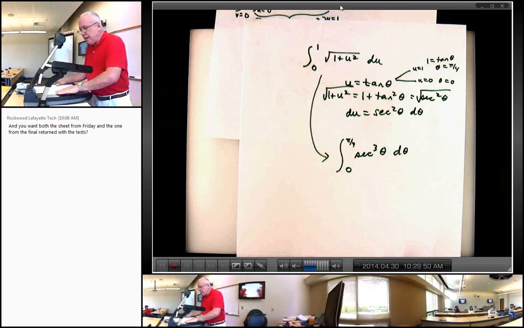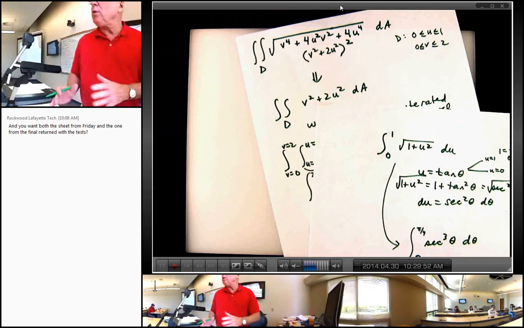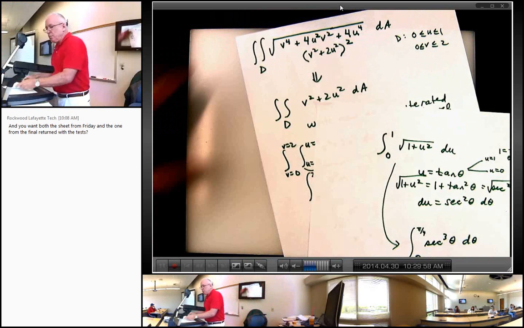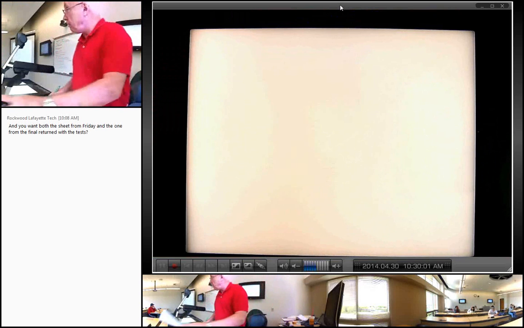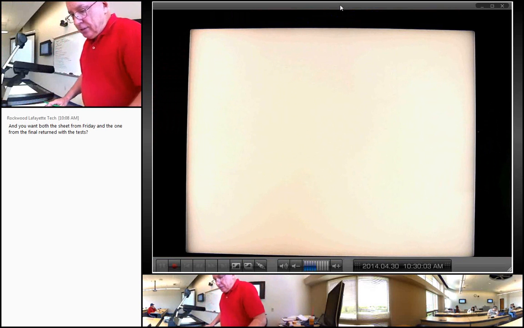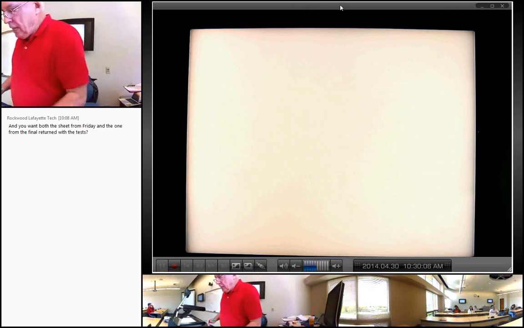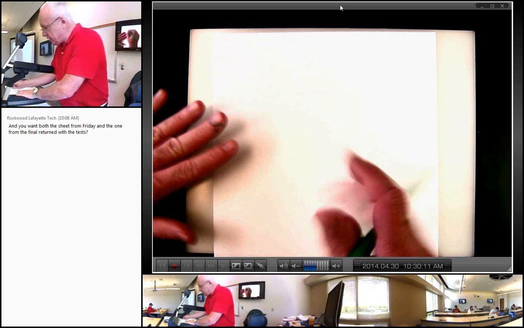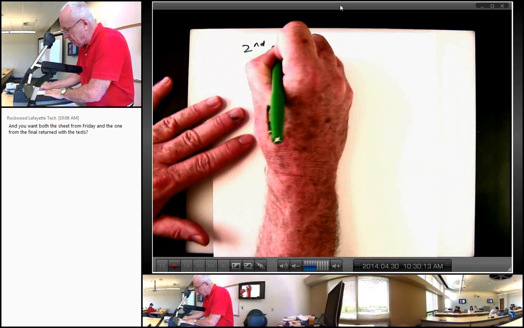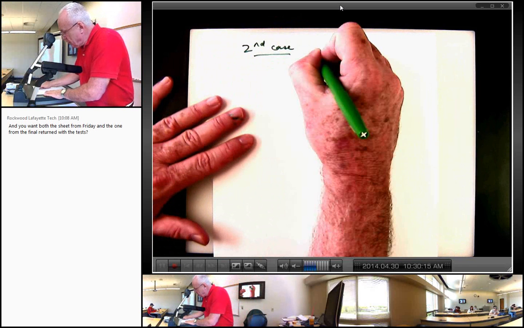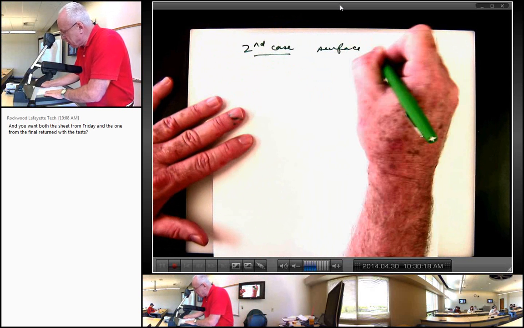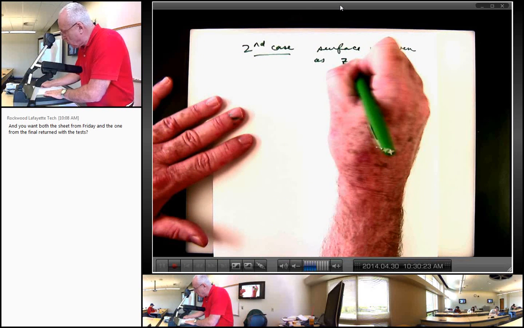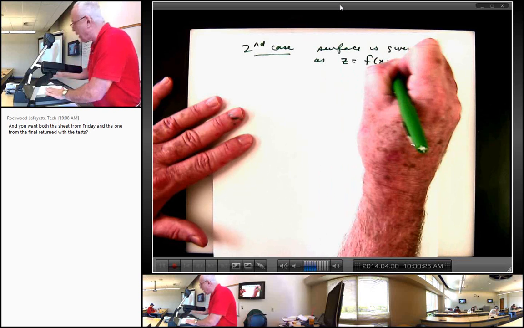So anyway, that's my example with the first case where the surface is given as a parameterization. All right, so be sure you know how to apply the formula that I asterisked. Now the second case is where the surface is given as a nice, simple equation. Second case. Surface is given as z equals some function of x and y.